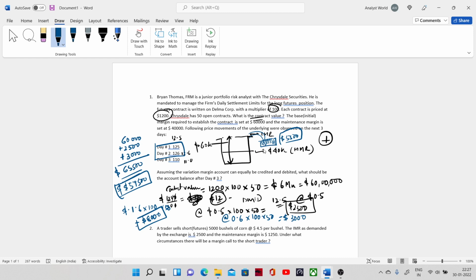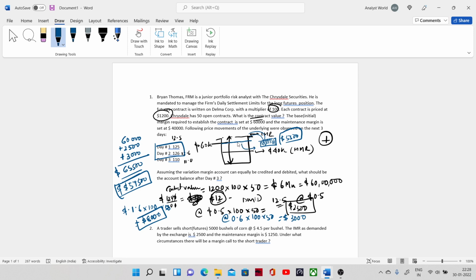So the first debiting happens to this excess account, so that's 5,500, plus the additional, because the total debiting has to be 8,000, the additional 2,500 is going to come off this initial margin, making it 57,500 as the closing balance.